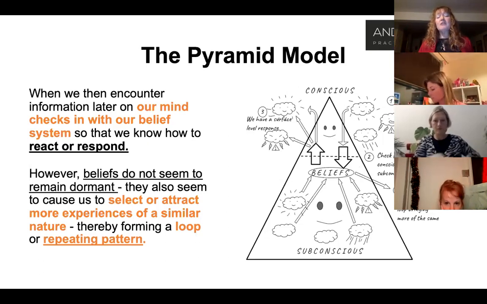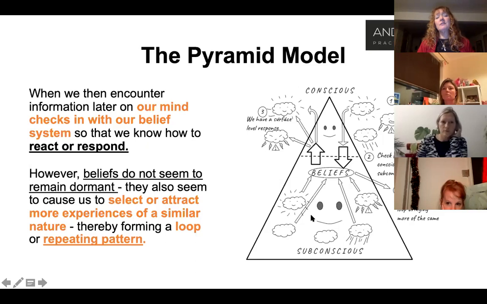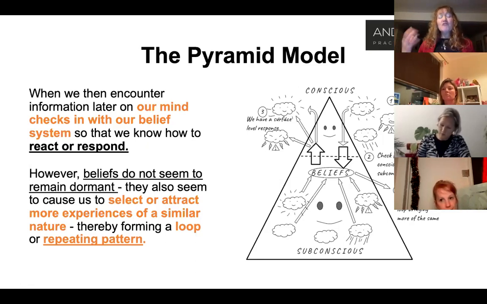Subconsciously, we are creating these patterns for ourselves based on our own deep limiting beliefs about ourselves. So these are some of the things that we might sometimes be trying to eliminate or change, update for clients.